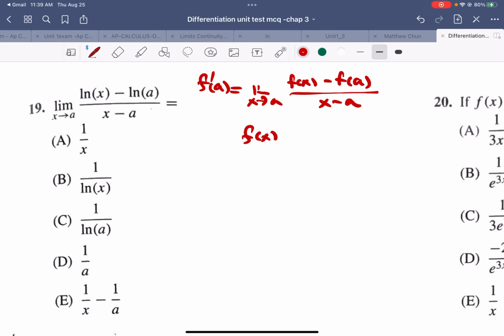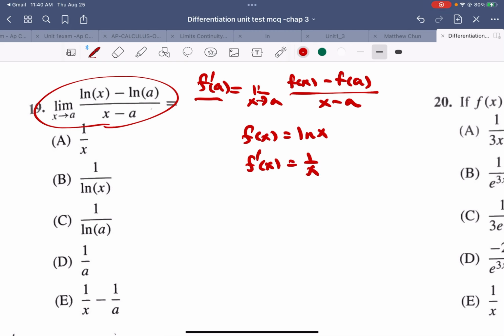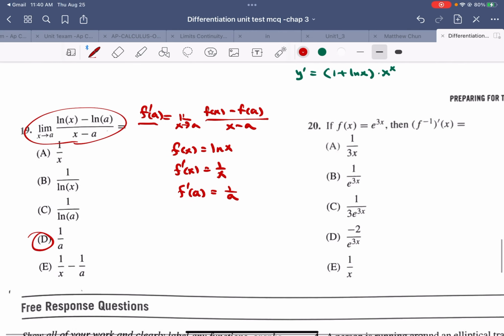So f(x) equals ln x. And then this whole thing is f prime of a, right? So f prime of x is 1 over x. And then you substitute, so f prime of a is substituting a into x, 1 over a. So 19, D is the answer. Okay, checking that you understand the definition.